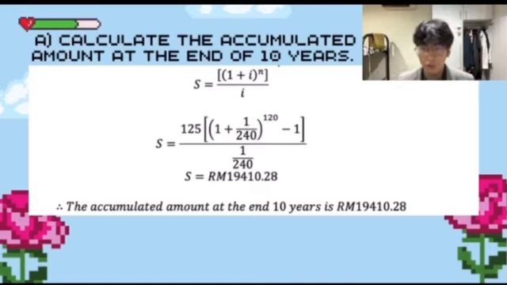For the lower fraction, 1 over 240. So we get S, which is 19410.28 ringgit. So the accumulated amount at the end of 10 years is 90,410.28.